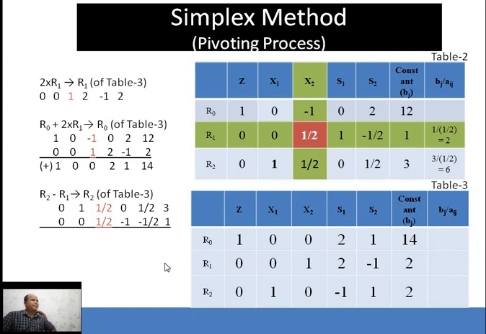Then row 1, this is the value, minus it, we'll take this 0, 1, 0, 1, 1, 2. Okay, so this is the R2 of table number 3.